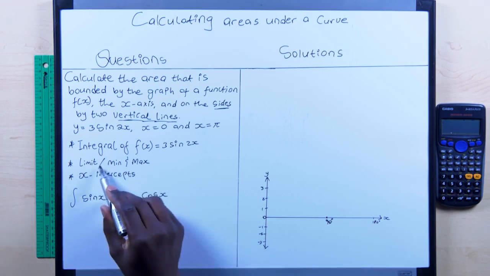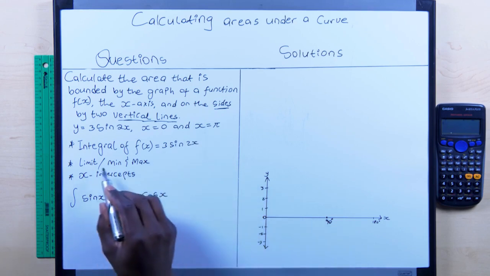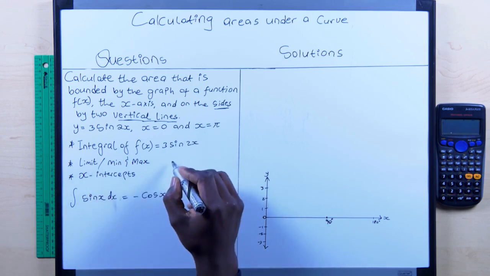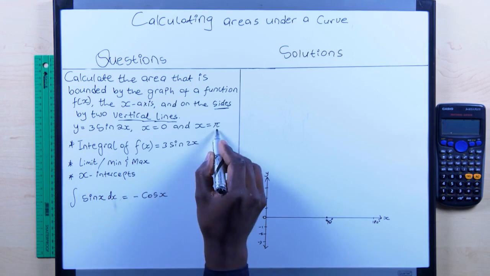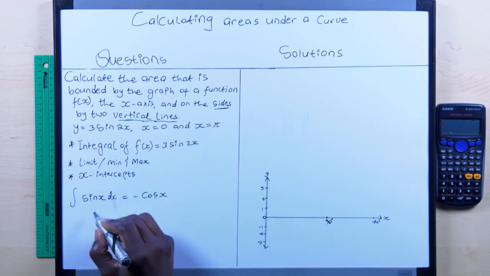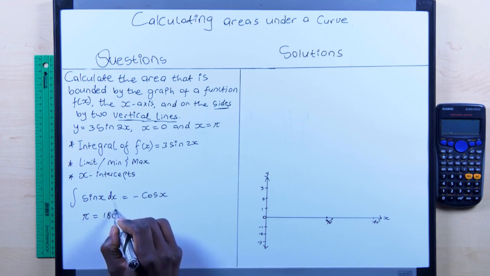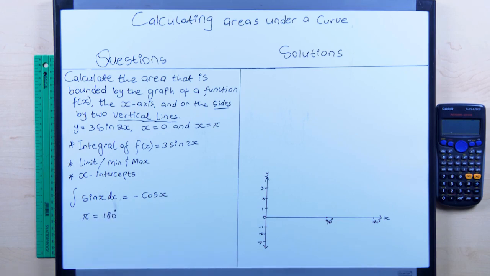And then these concepts of our limit, we need to understand that pi is also equal to 180 degrees. These are just preliminary understandings that we need to have prior to solving this question.